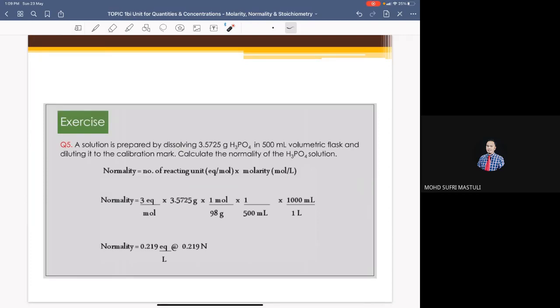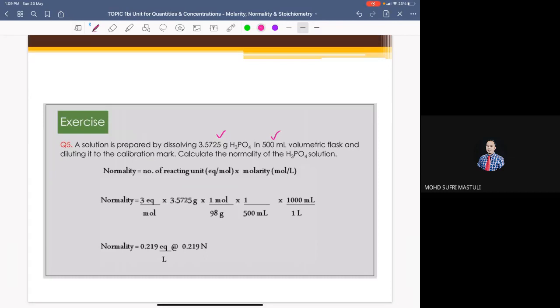Example: one of the solutions is prepared by dissolving 3.5725 gram of H3PO4 in a 500 ml volumetric flask and diluting it to the calibration mark, meaning that the volume of the solution is 500 ml, containing 3.5725 gram of that acid.